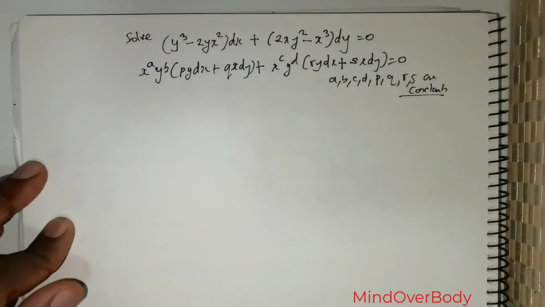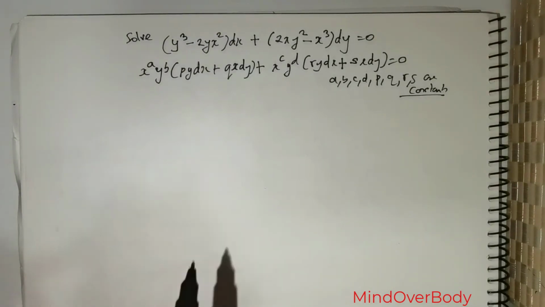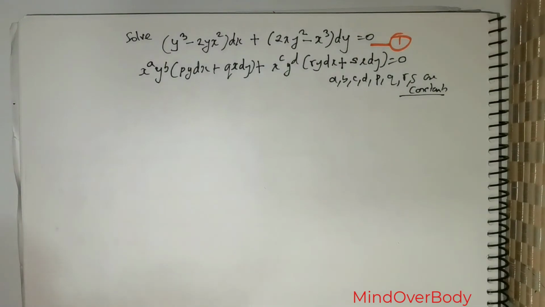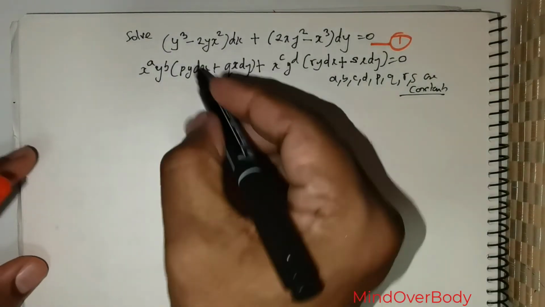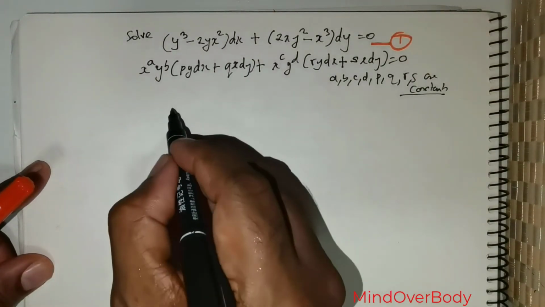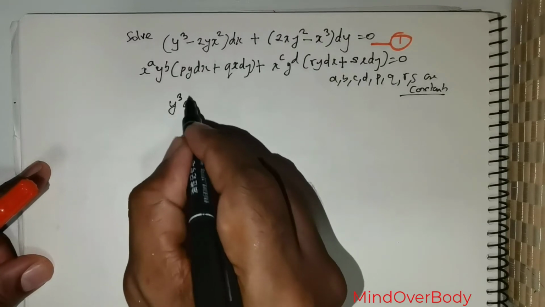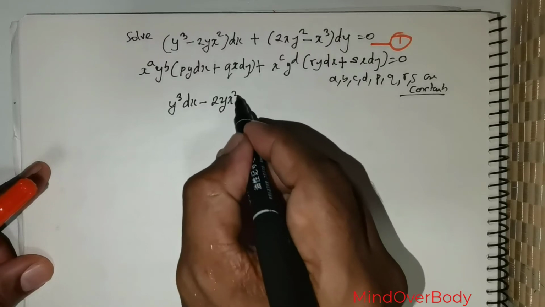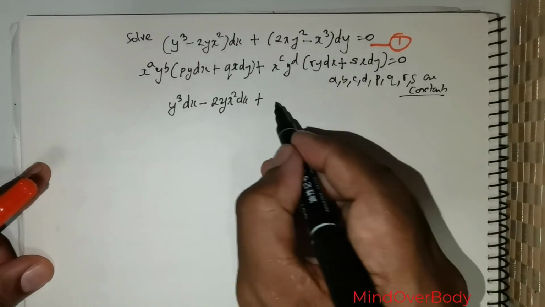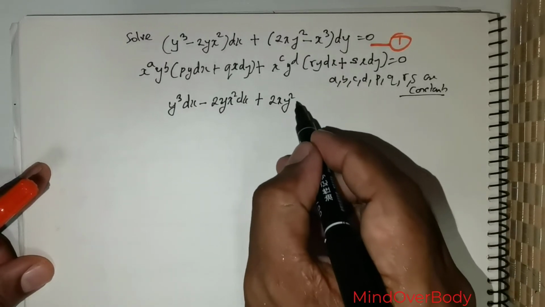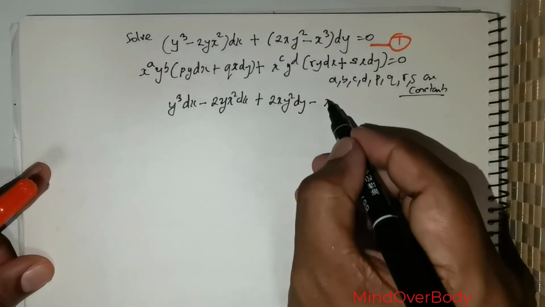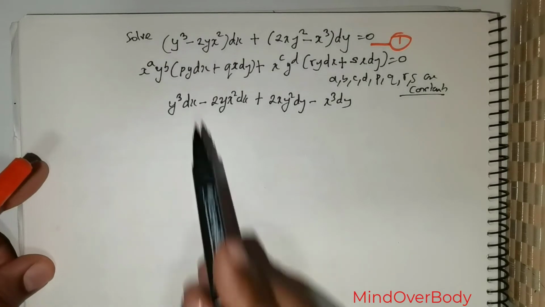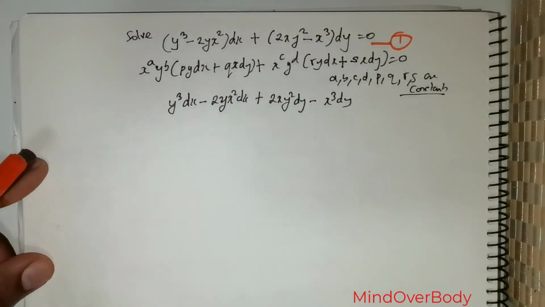So what I wish to do is, as usual, take this as 1, remove the parenthesis, and distribute it. So this is going to be y cubed times dx minus 2yx squared times dx plus 2xy squared times dy minus x cubed times dy. Now if you look here, for every dx there is a dy.